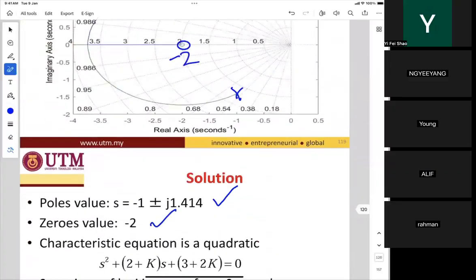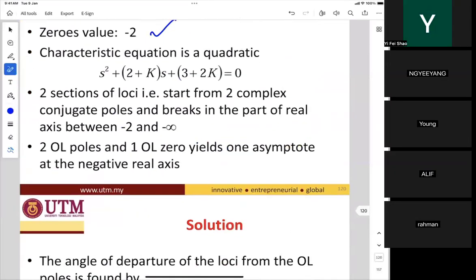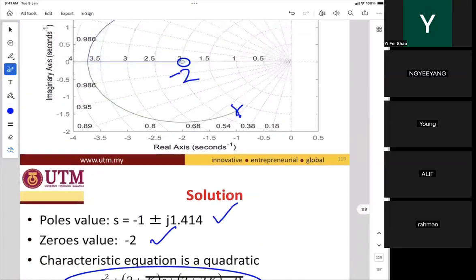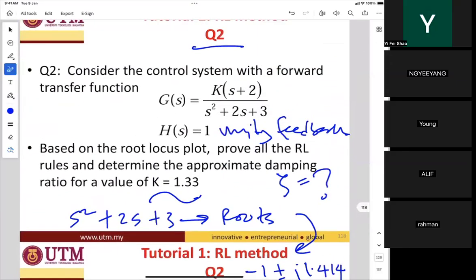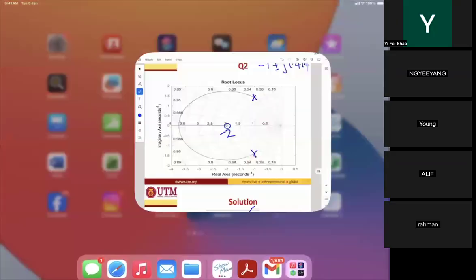So we find the characteristic equation first.